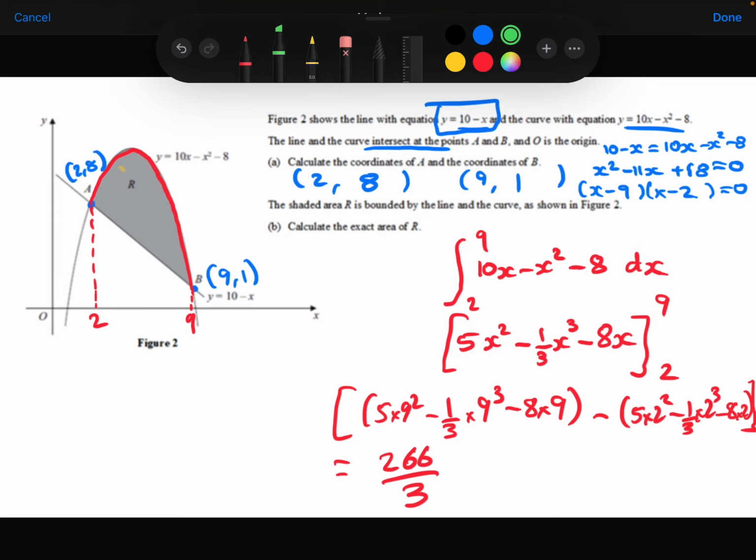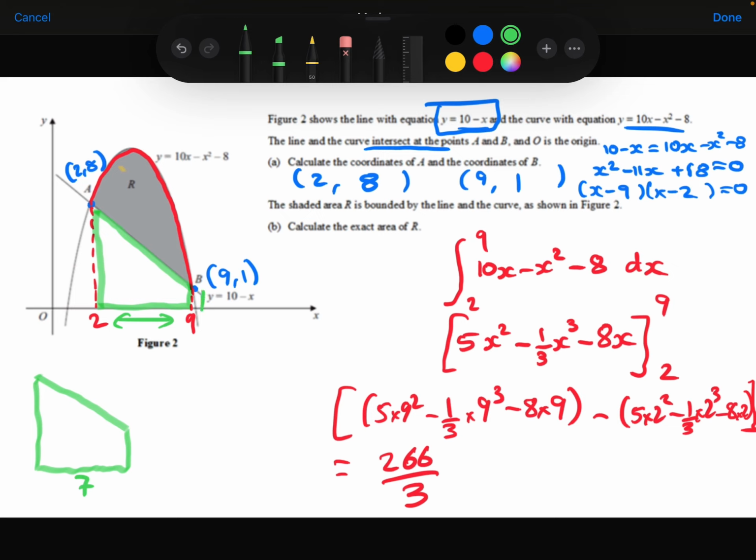Now I want to be able to take away from that the area of this trapezium, because that's going to leave me then with just the shaded area R. Now, the height of the trapezium I know is 7, the difference between 2 and 9.